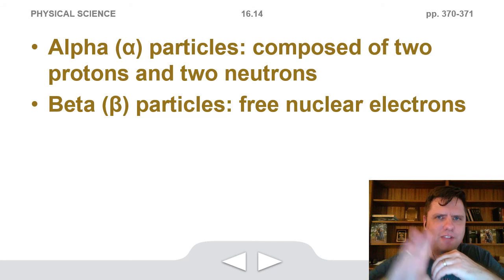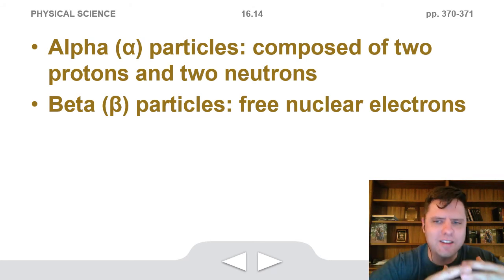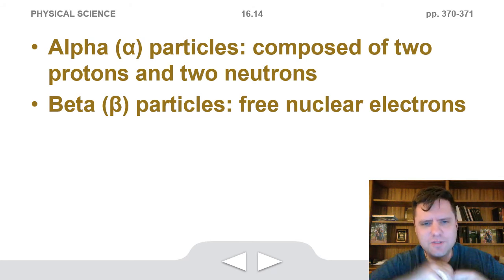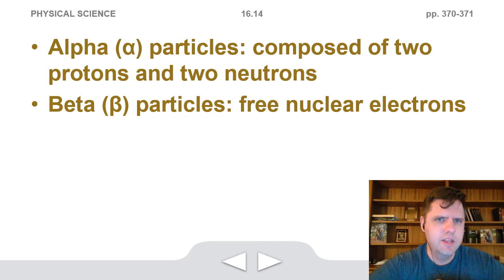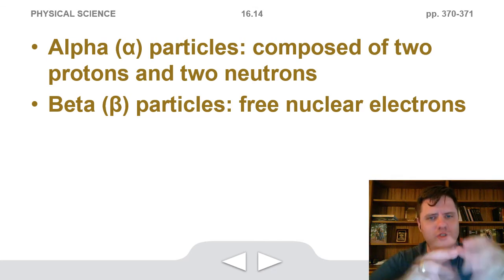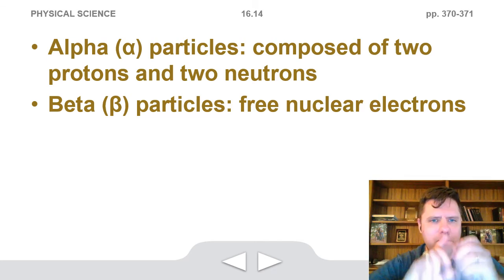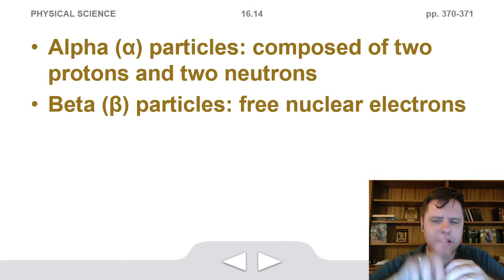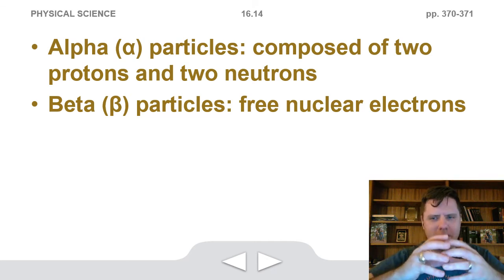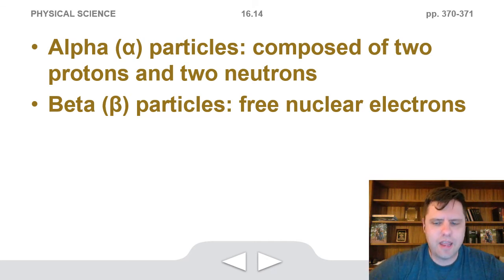And the electron then flies out of the nucleus, leaving behind a proton there in the nucleus. So it's like a neutron dissolves into a proton and the electron leaves the nucleus. That's called beta radiation. So alpha particles are 2 protons and 2 neutrons going out of the nucleus. Beta particles are just the electrons leaving from a neutron that's split apart into a proton and an electron.